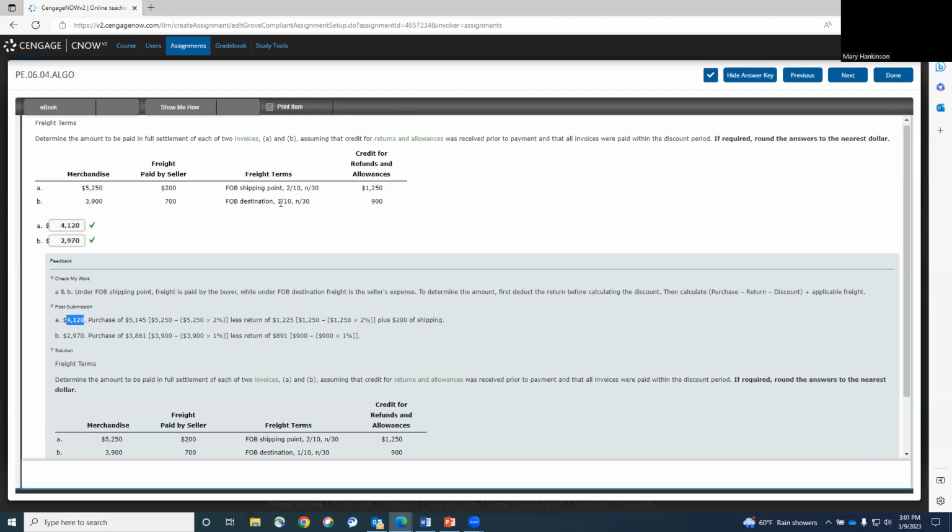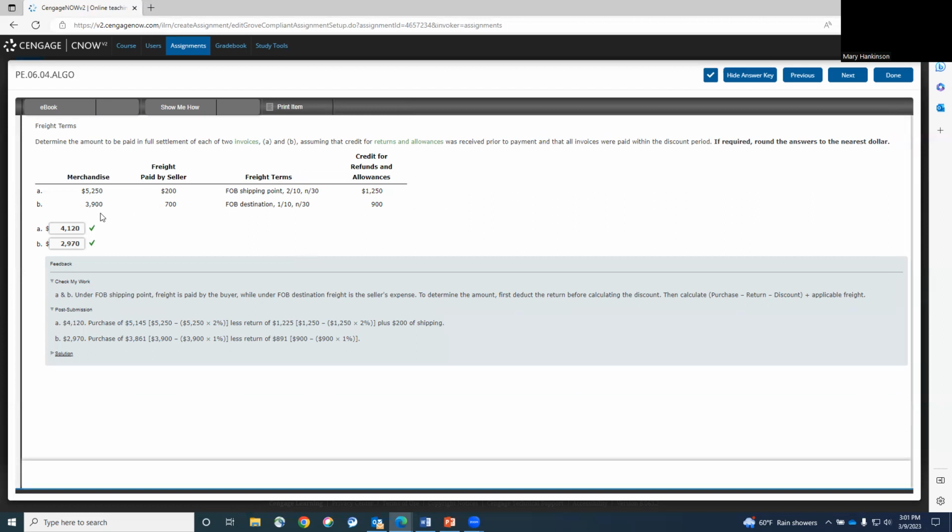Now let's look at B. B is going to be a little different because we have FOB destination. Just like with A, we are going to apply the discount. We see the discount terms here, 1% if paid within 10 days. So we take our merchandise total of $3,900, apply the 1% and subtract it out. So we have a purchase of $3,861.